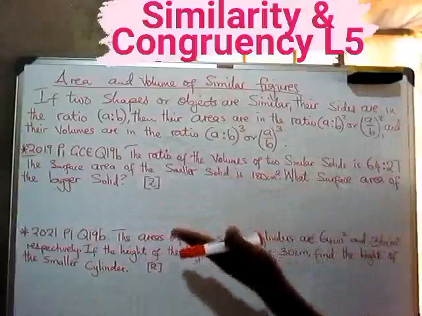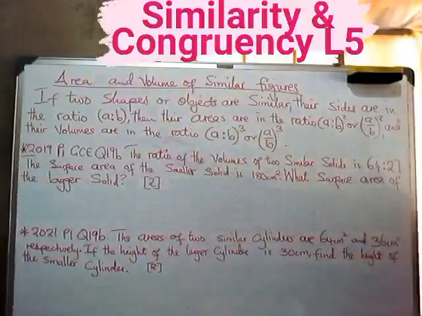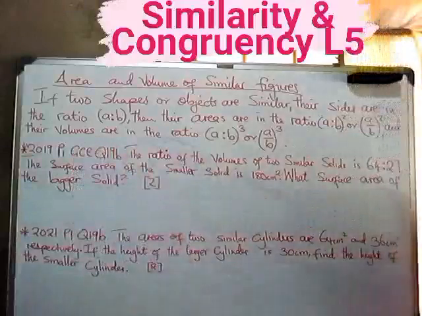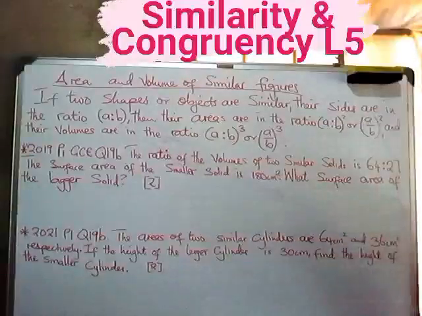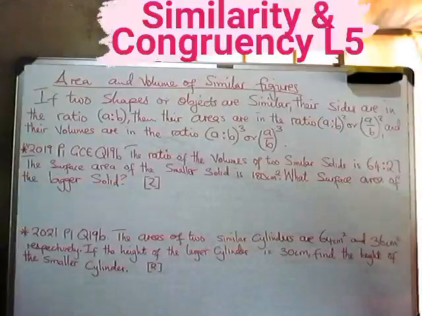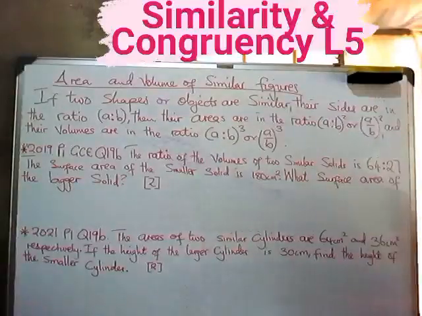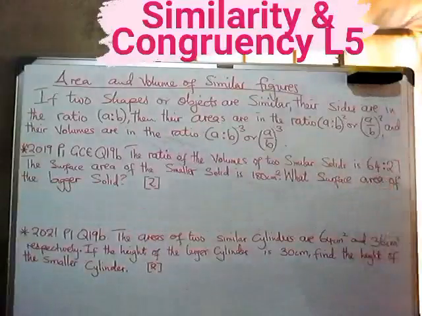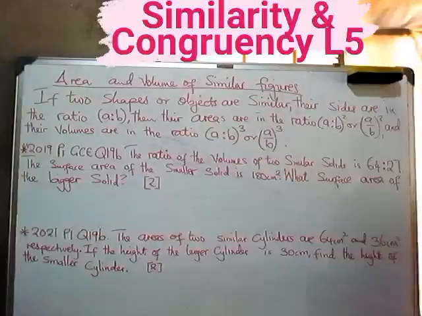We have an example from exam questions. The example is coming from 2019 Paper 1 GCE, question number 19b. The question is: the ratio of the volumes of two similar solids is 64 to 27.